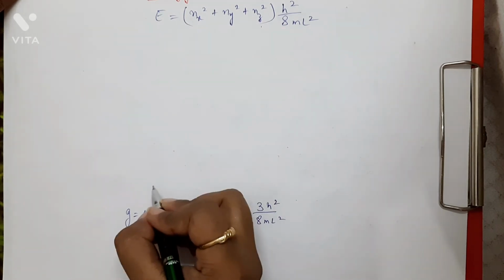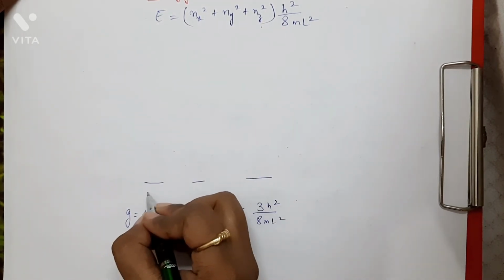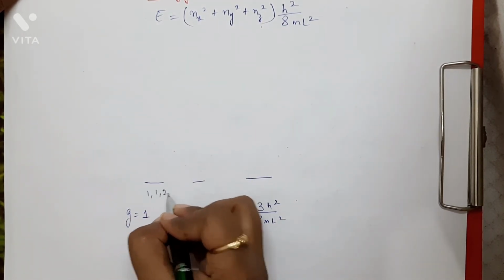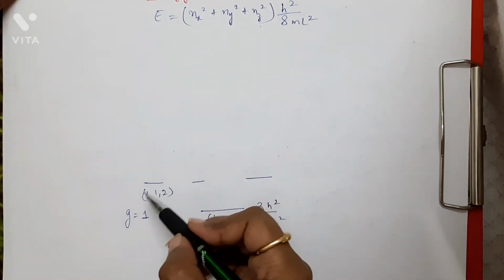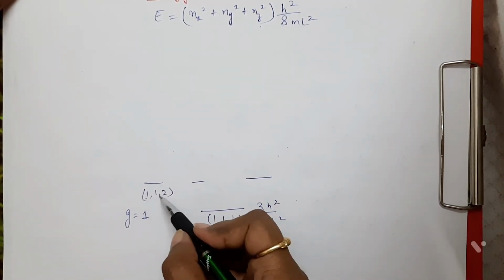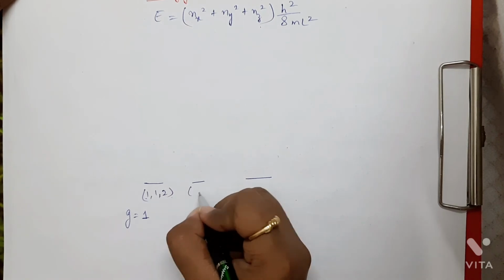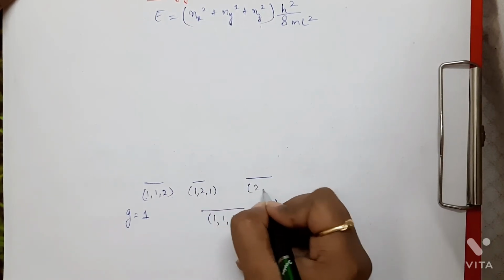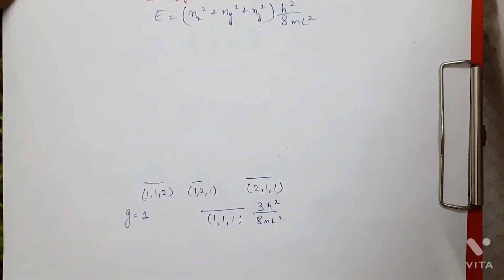Now we can put 1, 1 and 2, right? These could be the values of nx, ny and nz, and it could be like this also, 1, 2 and 1, and it could be 2, 1 and 1. So this way the values of nx, ny and nz can shuffle.